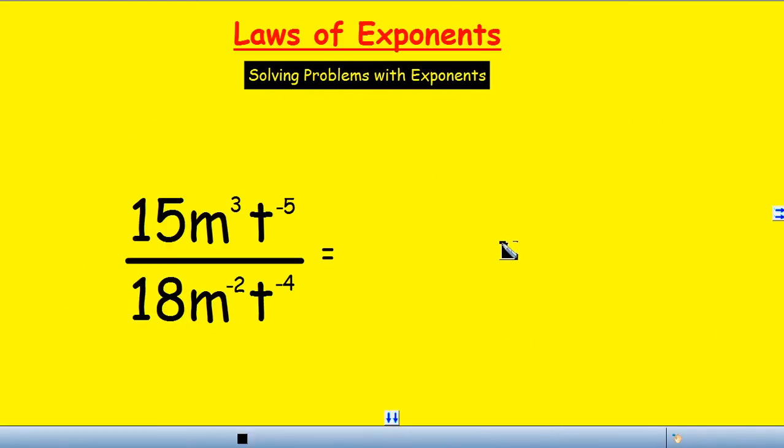Now let's look at our very last example. When solving problems with exponents, once again, as I said before, I like to just split it all up, because we have 15 times m to the power of 3 times t to the power of negative 5, and that is divided by 18 times m to the power of negative 2 times t to the negative 4.